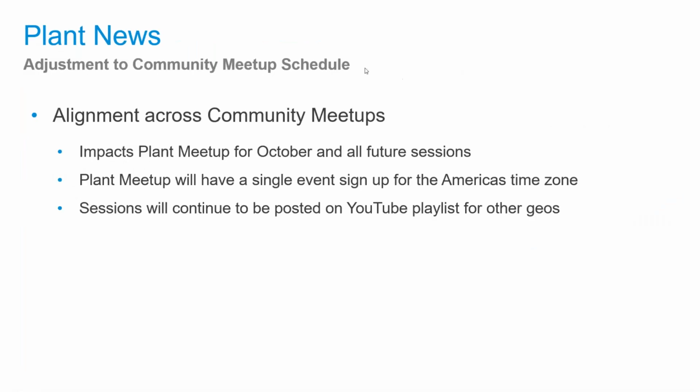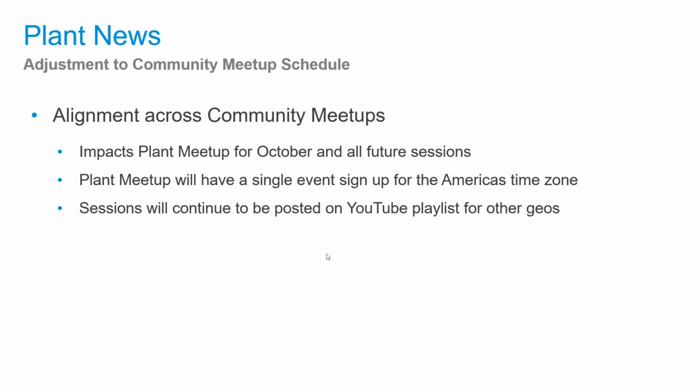Plants 3D news. First of all, this EMEA call for Plants 3D is our last call. Up to now we had 3 calls: one for APAC, the Asian region, one for EMEA, the Europe region, and one for the Americas region. It will now be aligned to what we have for other products, where we have just one call.